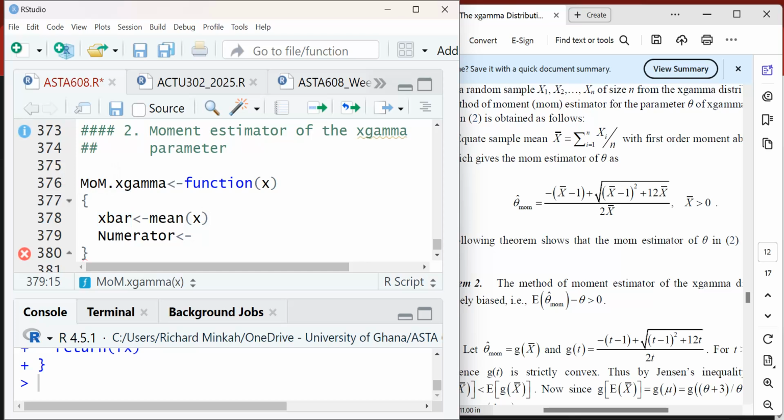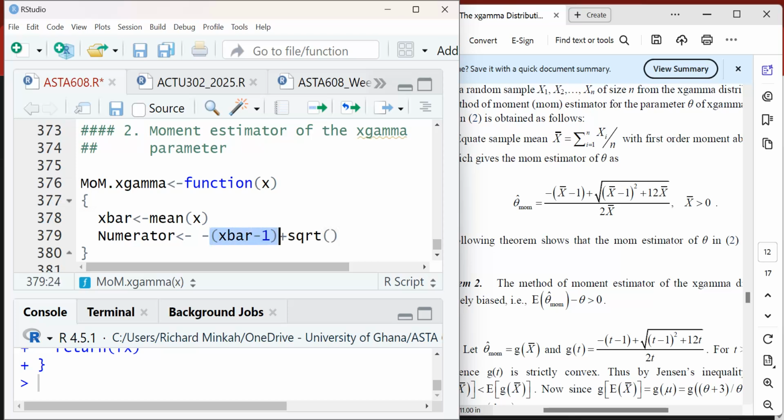So this will be negative of S bar minus 1. Then I add it. If you like, you can turn it the other way, but it's fine. Plus the square root, which is SQRT. What do we have in the square root? S bar minus 1, all squared.